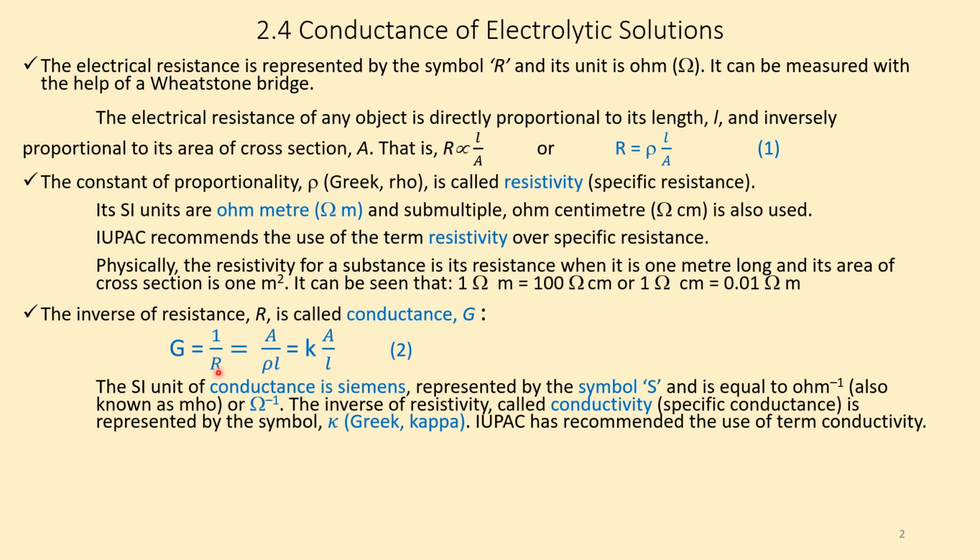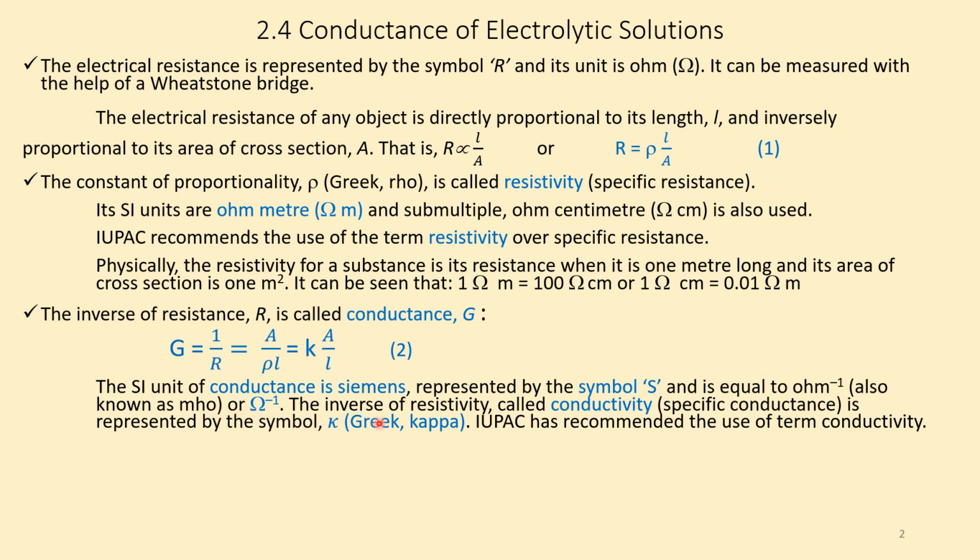The SI unit of conductance G is Siemens, represented by the symbol capital S, and it is equal to ohm inverse, or per ohm. The inverse of ohm is also known as mho.